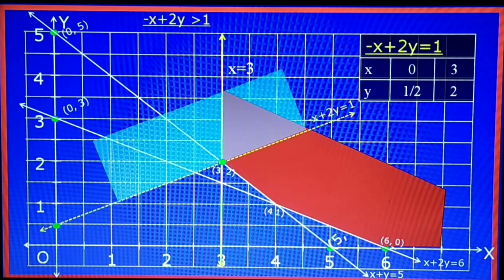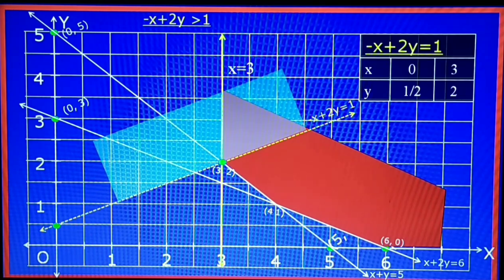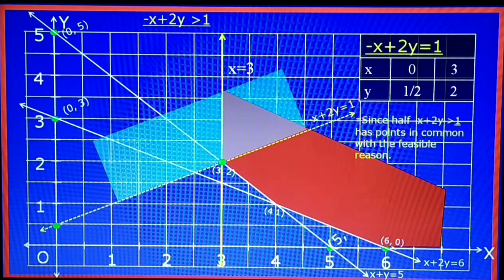As we have studied in the theorem, when the feasible region is unbounded, we may get a maximum or minimum value. Now in the figure, the half plane minus x plus 2y is greater than 1 has points common with the feasible region.